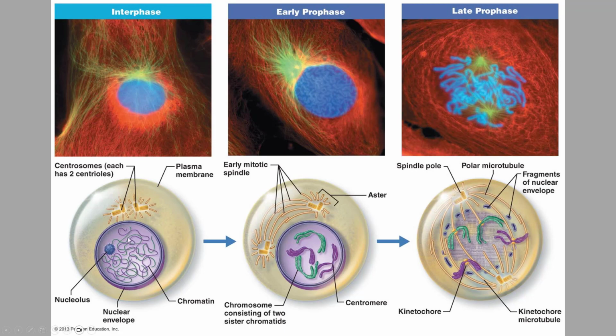We would not see it here because it's really, really hazy. It's not condensed into chromosomes yet. But if there is two of every bit of DNA, that means we are at least at the end of S phase.